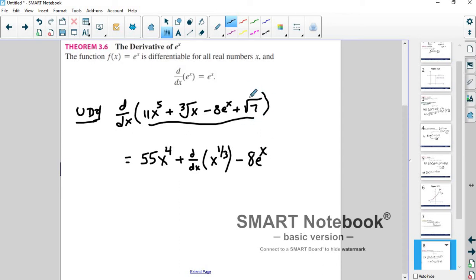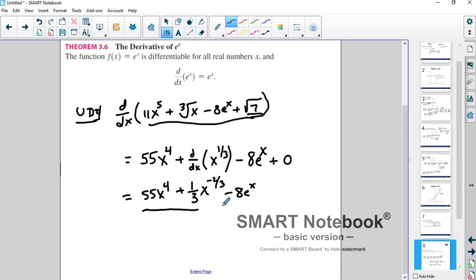And then, do I do the same thing with square root of 7 as I did with cube root of x? Actually, no, I don't, because this is not a variable. It's a constant. If 7 is a constant, the square root of 7 is also a constant, and so its derivative is 0. So let's rewrite these. 55x to the fourth, plus the derivative of x to the 1/3: bring the 1/3 down, x, subtract 1. 1/3 minus 1 is negative 2/3, minus 8 e to the x.